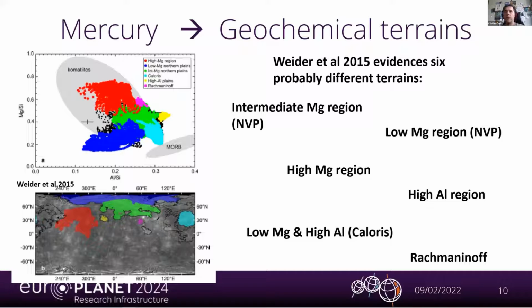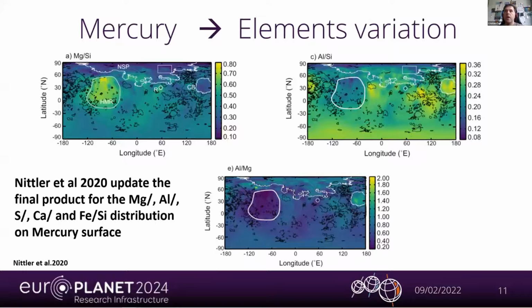It is still debated whether it is due to heterogeneity of the metals or influence of impactors or something like that, but it permits a clear evidence of some variation in the composition of the material on the surface.